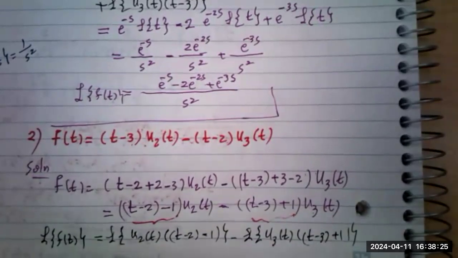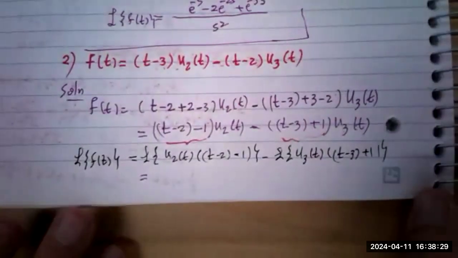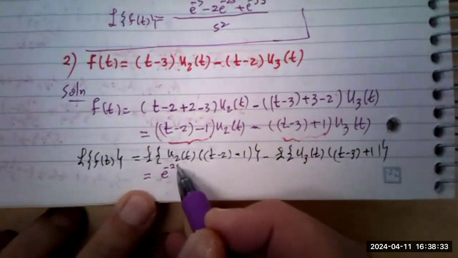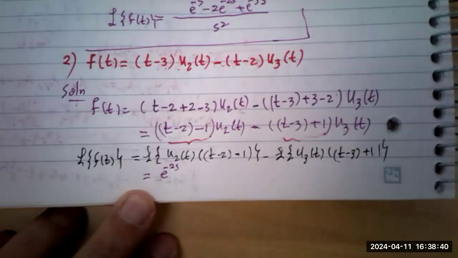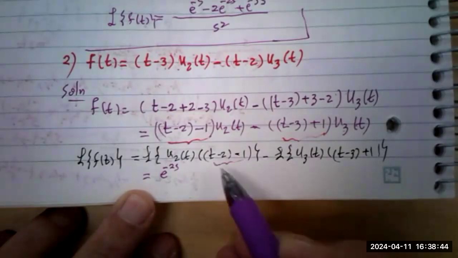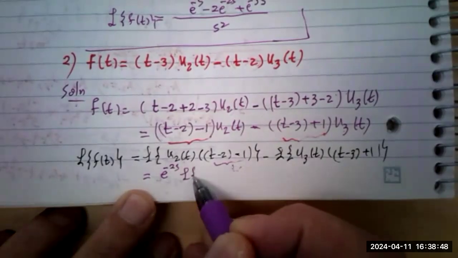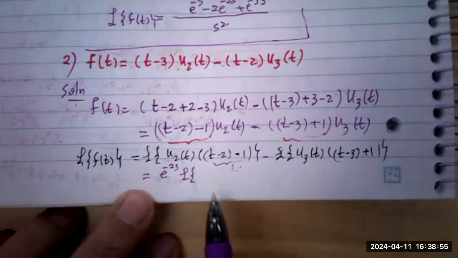You see, the result would be what? You have a unit step function with the base 2, so this would be e^(−2s). Now, f(t − 2). You see, this is the Laplace of f(t). So the function that we're going to have is going to be t − 1, times the Laplace of t − 1 for this one.